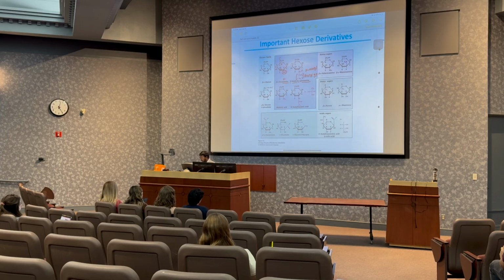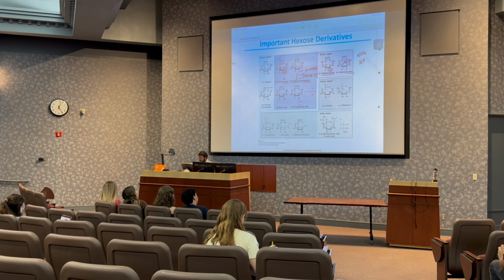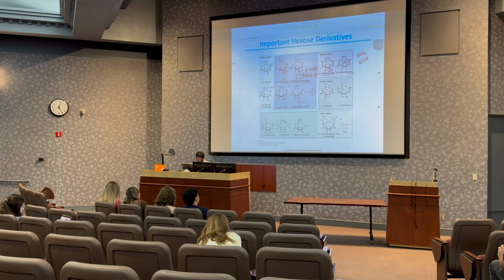Similarly, beta D galactosamine has an amine group. This amine comes from this because they have an amine group in the structure. The most famous is N-acetyl glucosamine, which is called NAG, and the other is N-acetyl muramic acid.